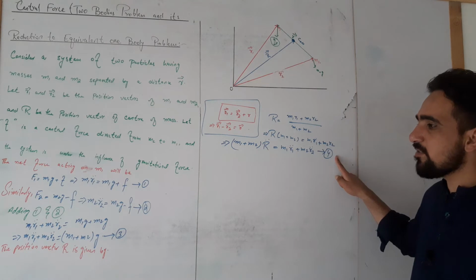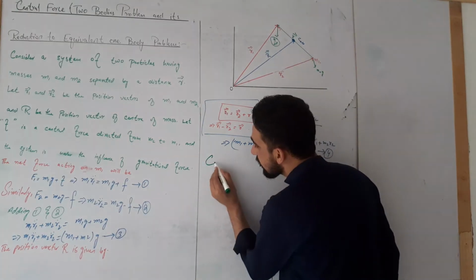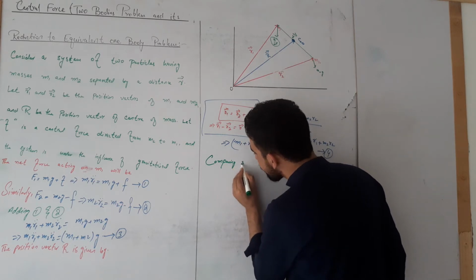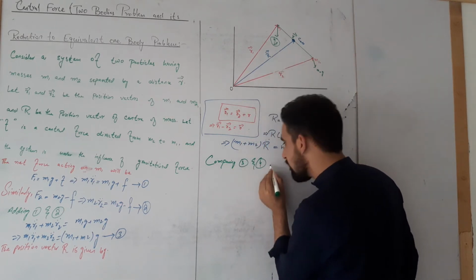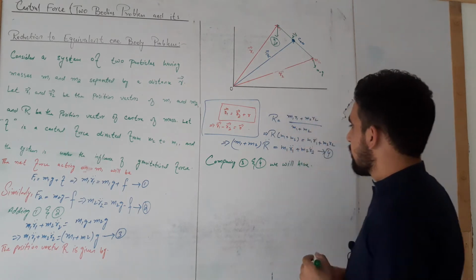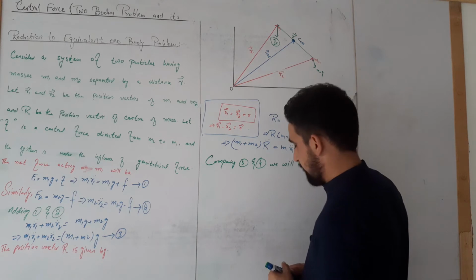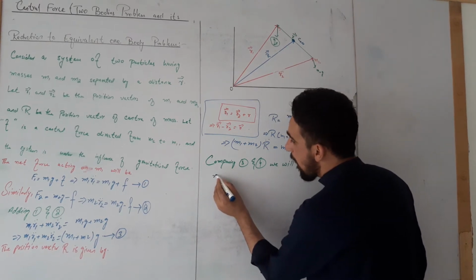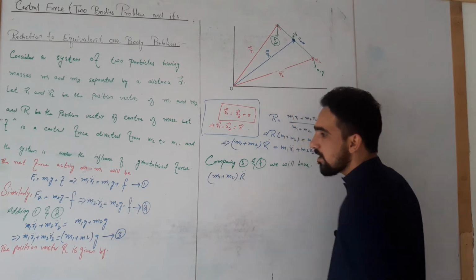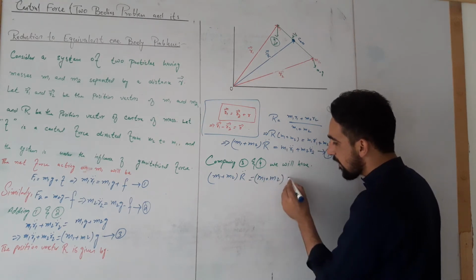Comparing 3 and 4, we will have (m1 plus m2) R double dot equal to (m1 plus m2) times g.